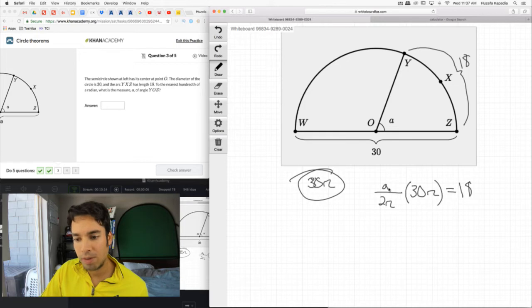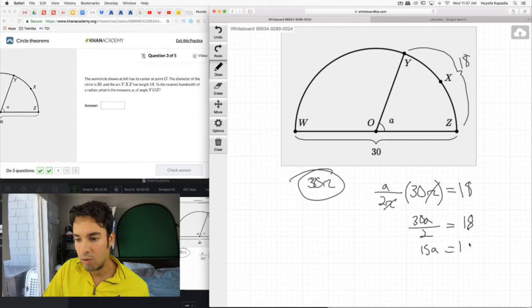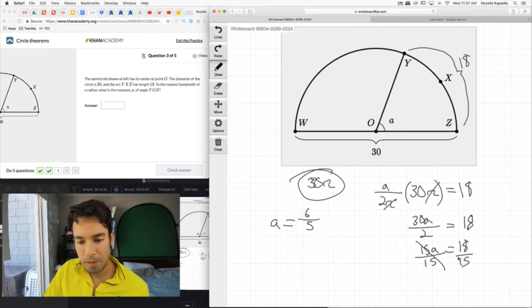Because remember, we're trying to solve for the angle. And now I see why you don't need a calculator. The pi's cancel out, and then this becomes 30A over 2 equals 18, which just becomes 15A equals 18. Then we divide both sides by 15. To the nearest hundredth, A equals, that reduces to 6 over 5, because we're dividing top and bottom by 3.